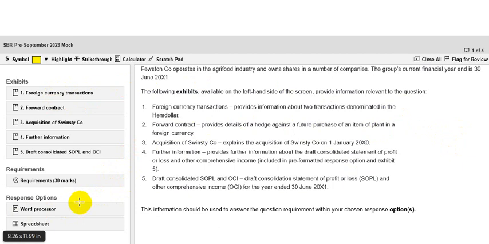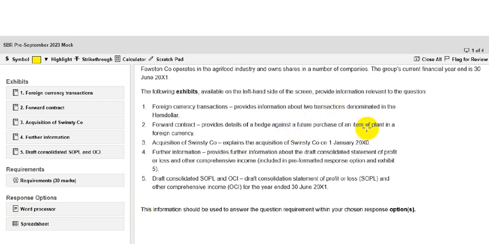Then you have options of how to present your answers, either in word processor or spreadsheets. Although where the question specifies that you use a spreadsheet, then you don't have a choice there, you need to follow the instructions.